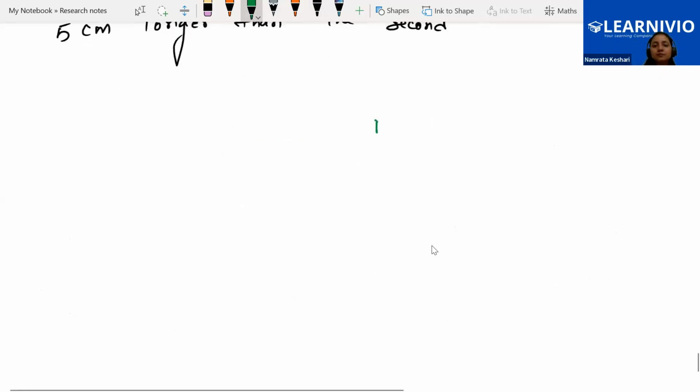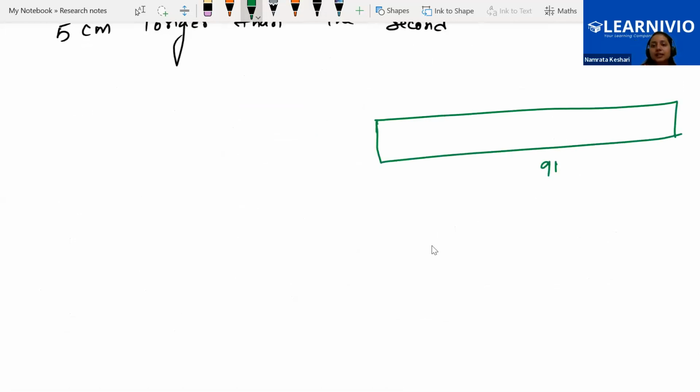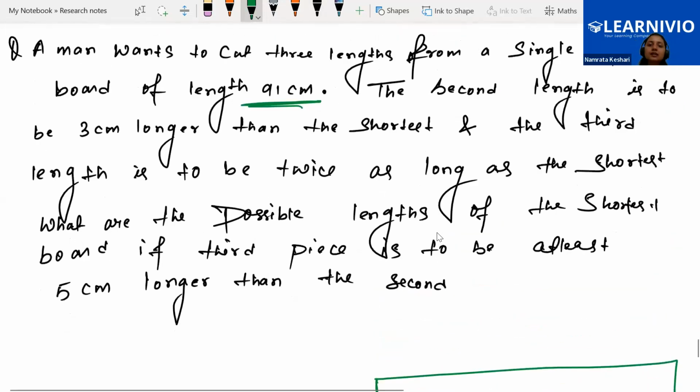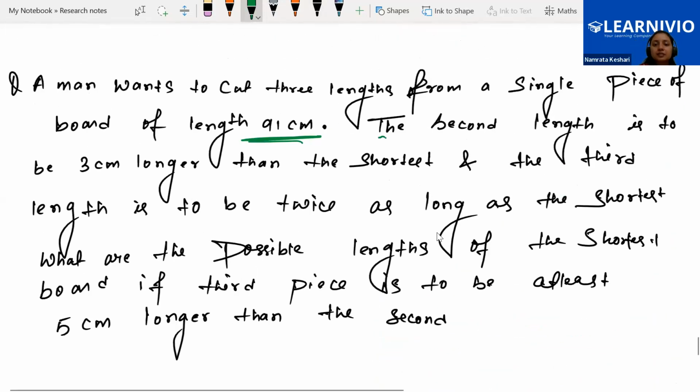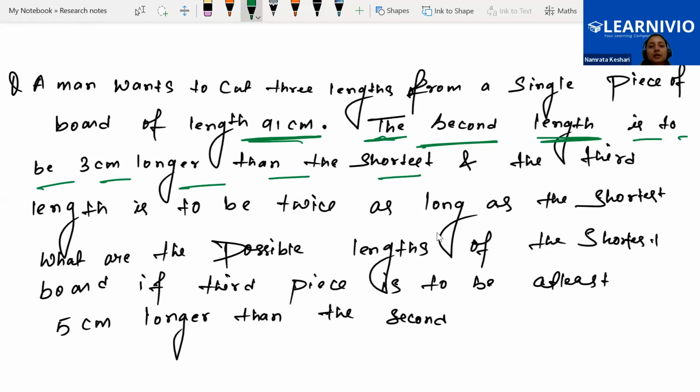Now the question says that the second length is to be 3 centimeter longer than the shortest. Second is dependent on the shortest. We understand that. And the third also we have to check.